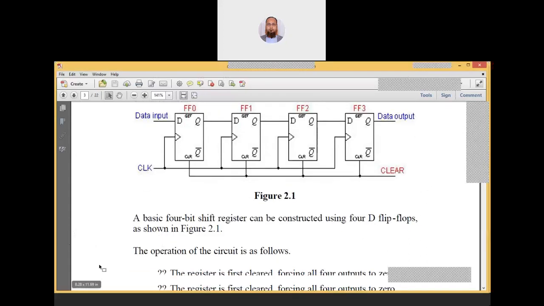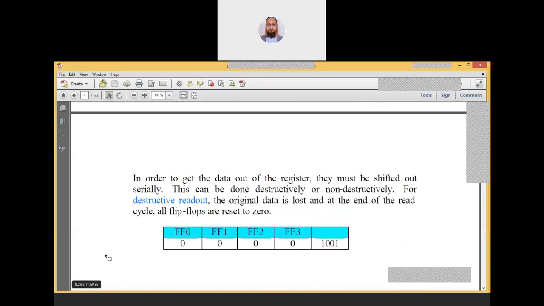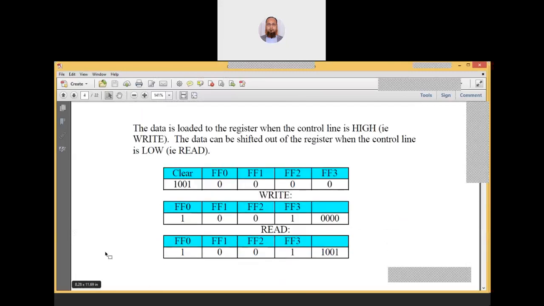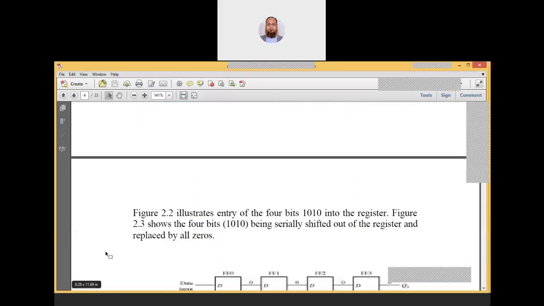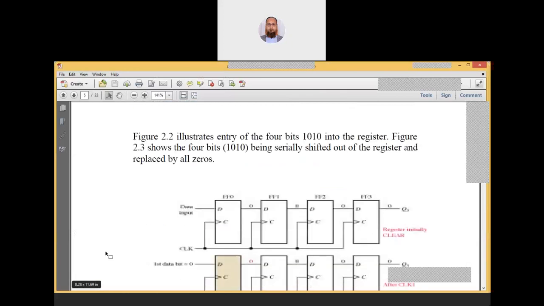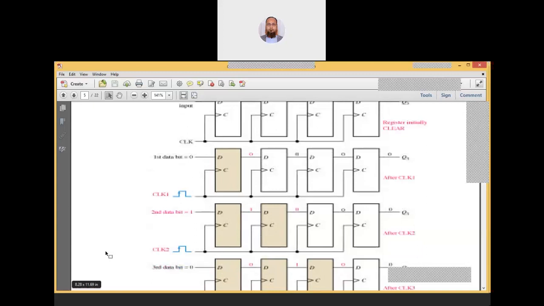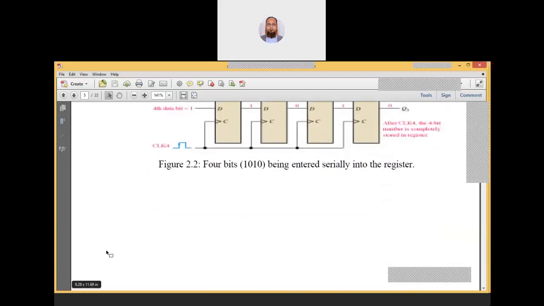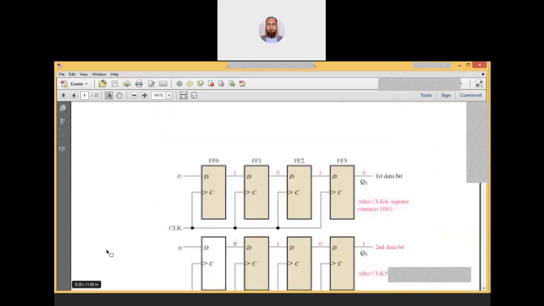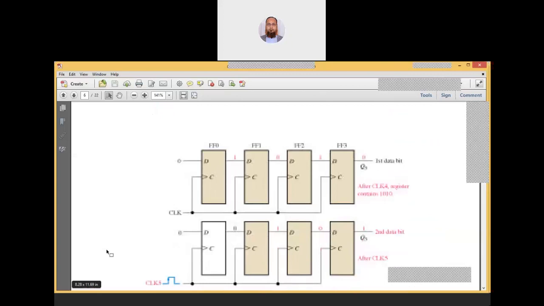So we were talking about shift registers, and we have seen two types: serial in, serial out, and parallel in and parallel out.